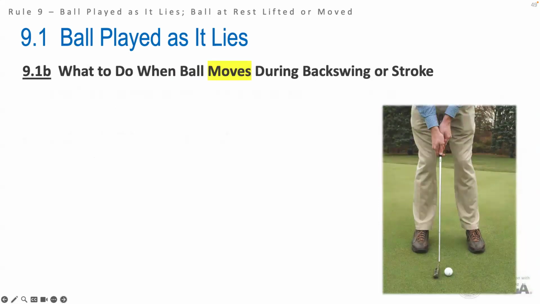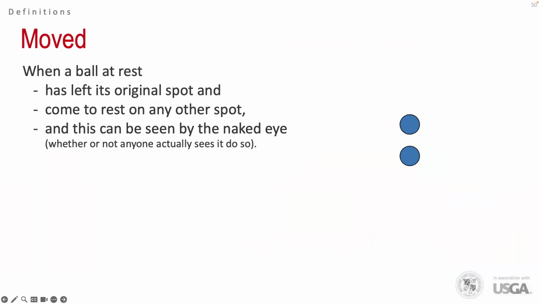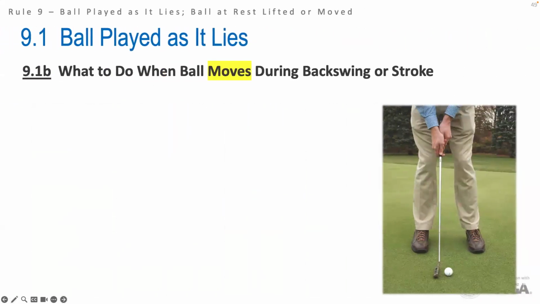So what to do when a ball moves during a backswing? Sorry about that. This has probably happened to everybody, but it does rarely happen. We'll learn what to do when it does move.